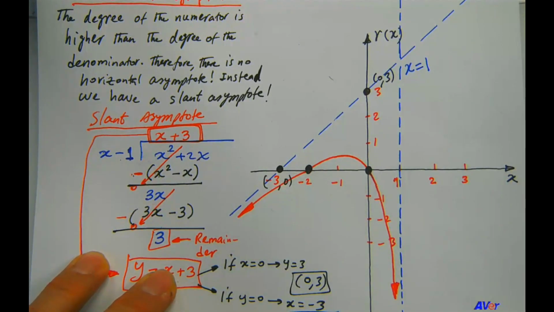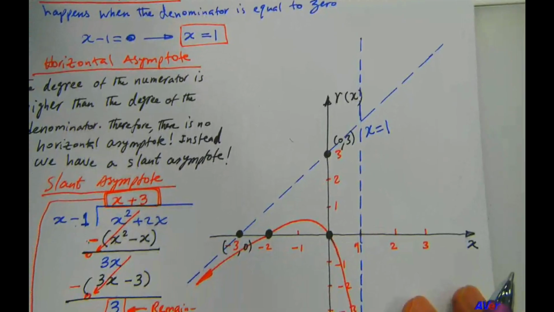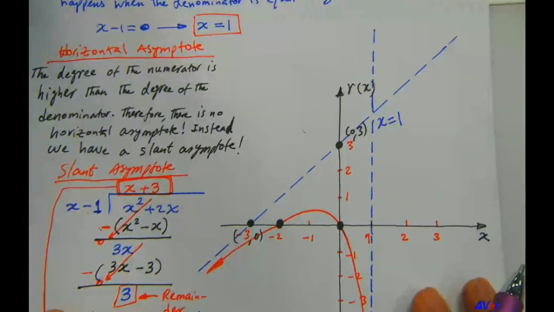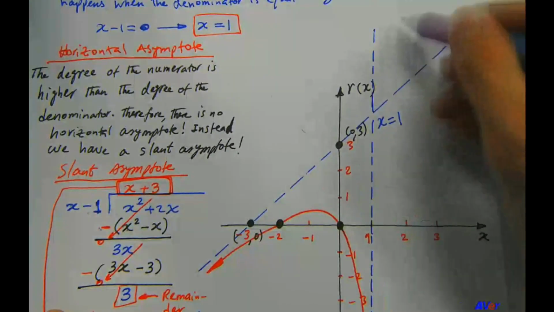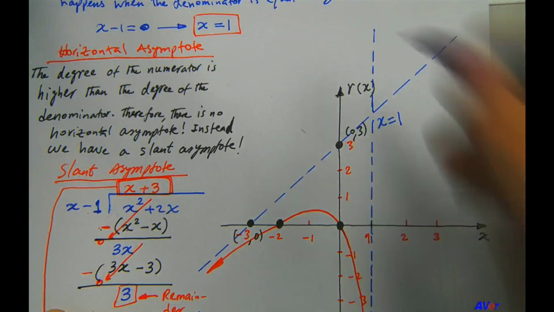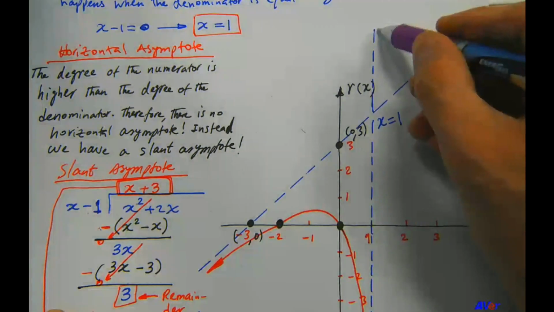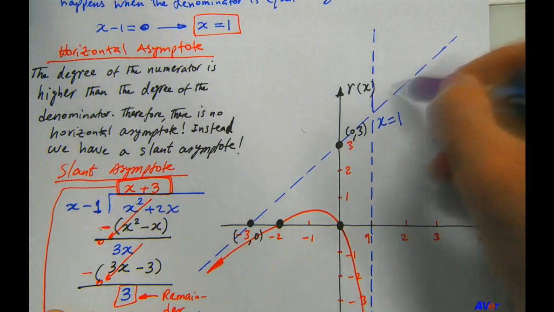We know with rational functions, we always have more than one piece to the graph. So where is the other piece? Well, the other piece has to be here, right? It can't be anywhere else. That's where the graph is going to be asymptotic towards the vertical and then the slant asymptote.